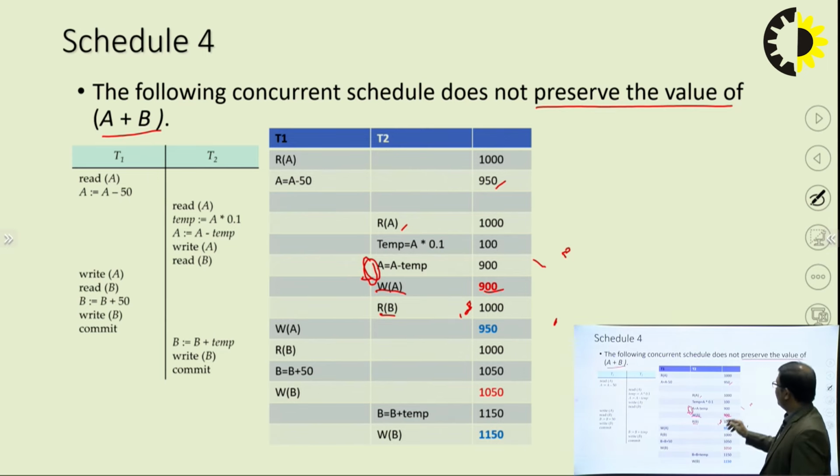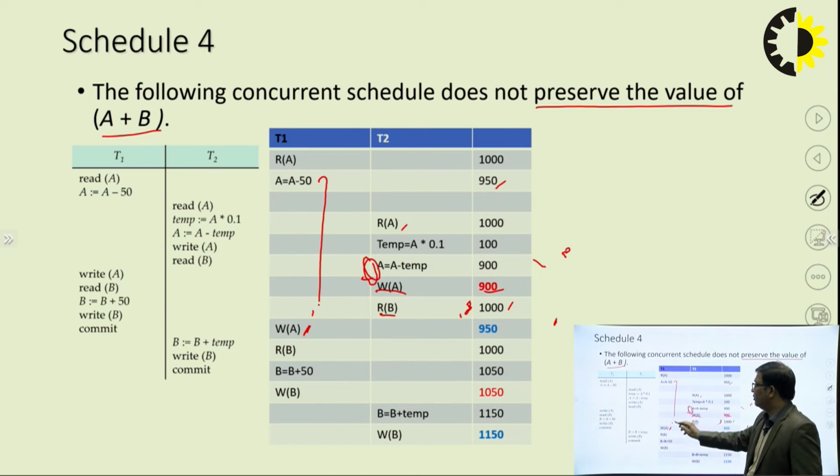Read B. The initial value of B is 1000 and then write A. Write A in T1. So T1 continues from this to this.